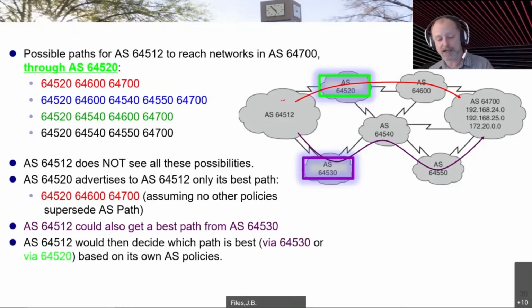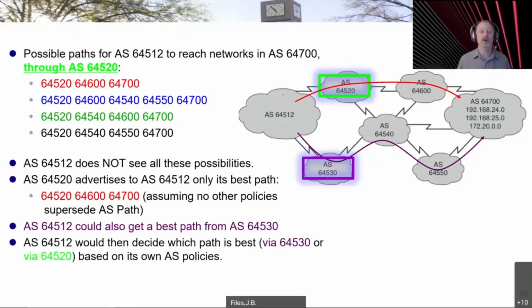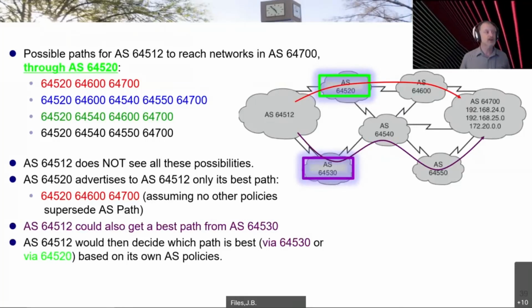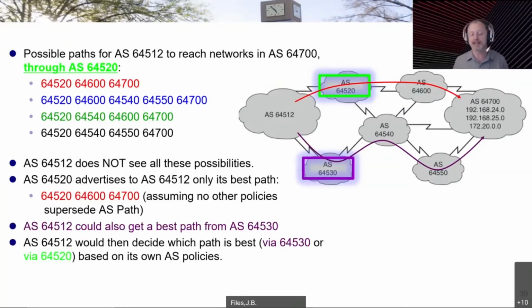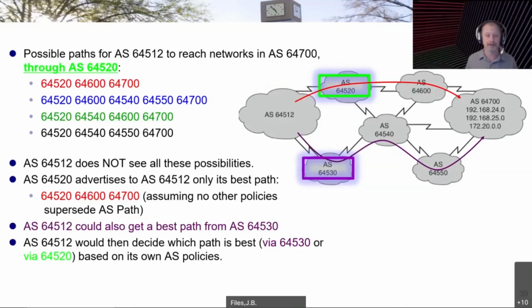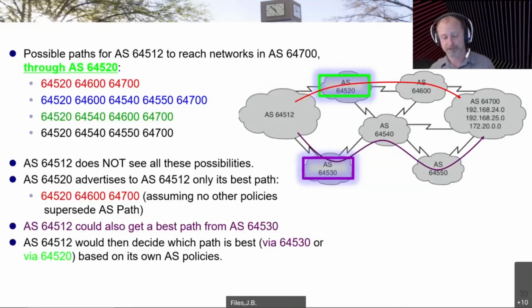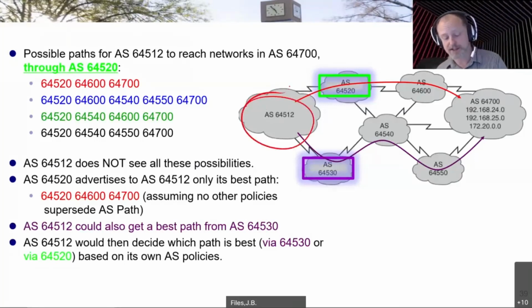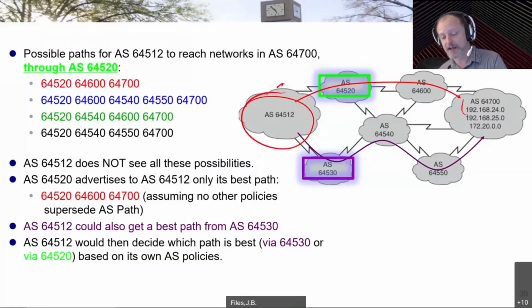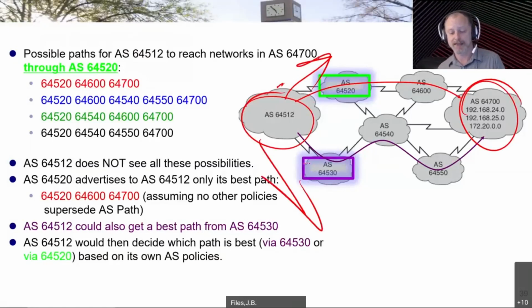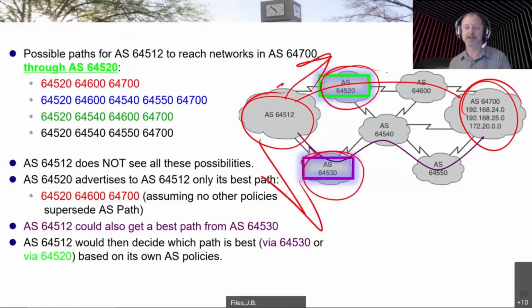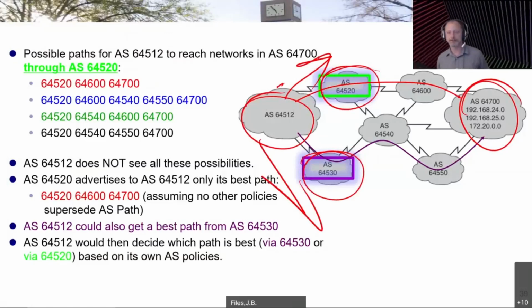It's just like our interior routing protocols. Each router chooses which next hop to go to. It's the same thing, except the next hop is just on a bigger scale. So this decides if I'm going to get here, do I go here or do I go here? That's based on what each one of these has advertised.